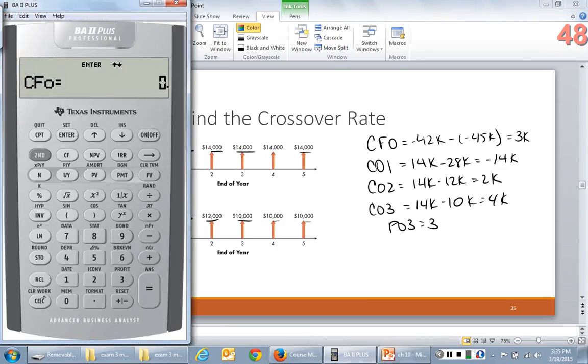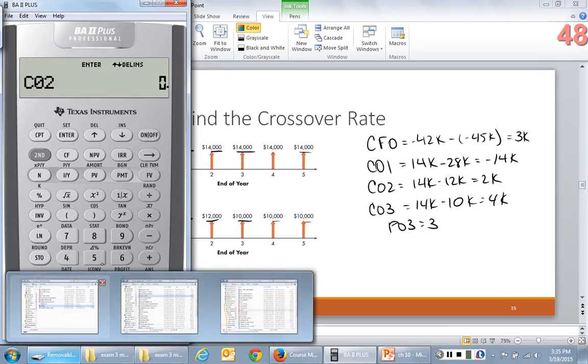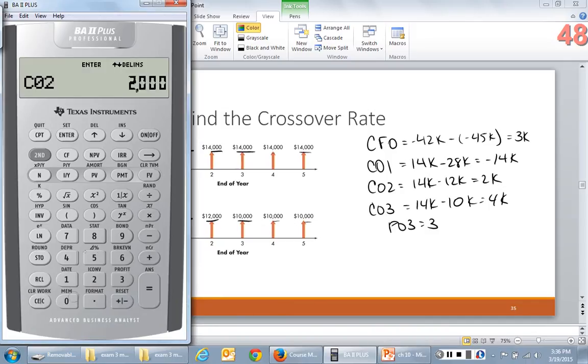So clear your cash flow worksheet. 3,000, negative 14,000, 2,000, and 4,000 3 times. Push IRR and compute, and you get 10.72%.